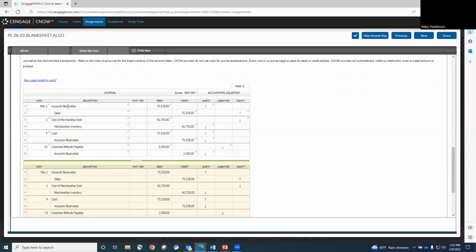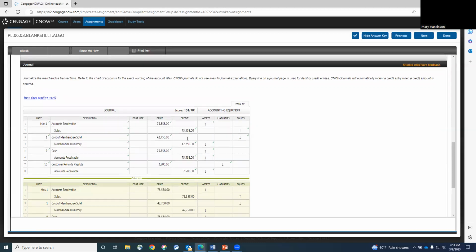So now that the customer has come in and paid what they owed us, we're going to credit accounts receivable, because it's no longer a receivable. The customer paid it. So we're going to close out that receivable by doing a credit to the receivable account for the amount. Okay, so that's all we would do for number 9, for date March 9th.